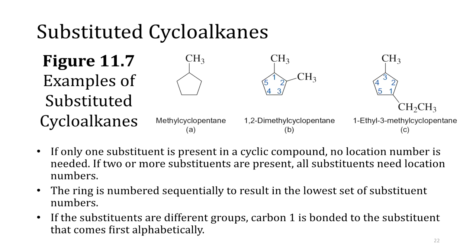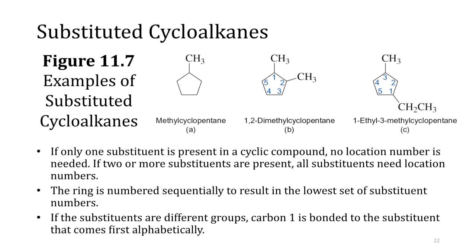So if we have multiple substituents, the ring is numbered sequentially to result in the lowest set of numbers, and the first carbon always has a substituent on it. So for example, if we have 2 methyls on cyclopentane and they're at different positions, we would have 1,2-dimethylcyclopentane, for example, as shown in problem B. Now, in C, here we've got a methyl and an ethyl.